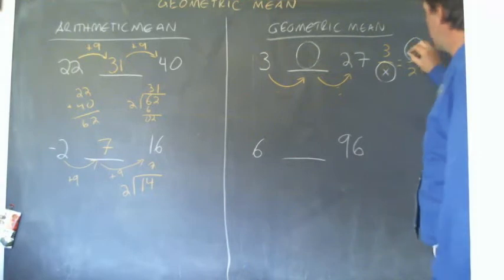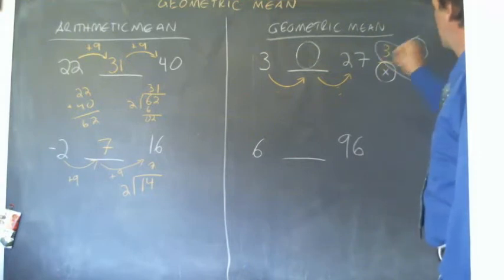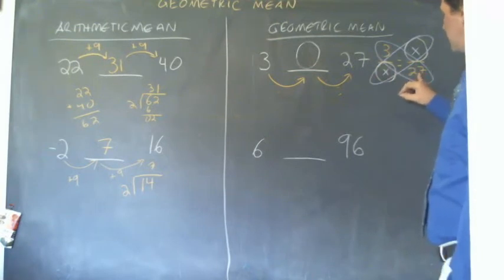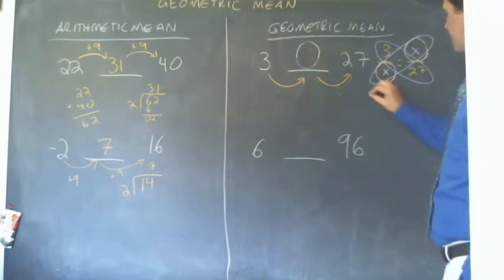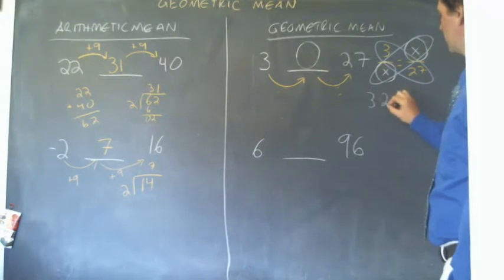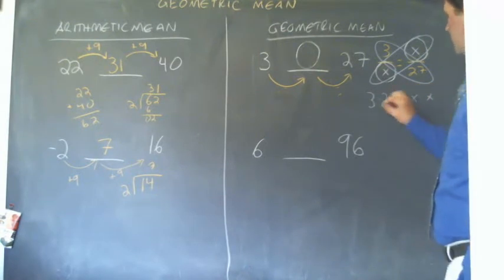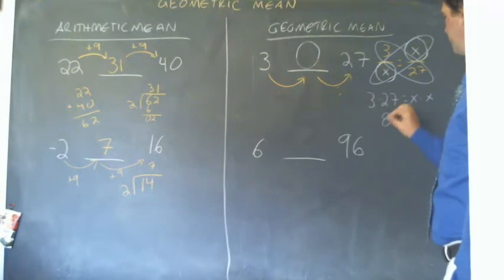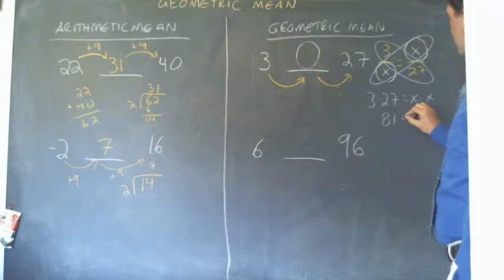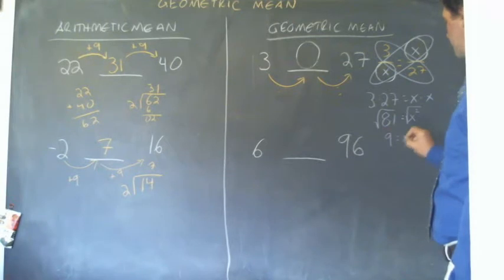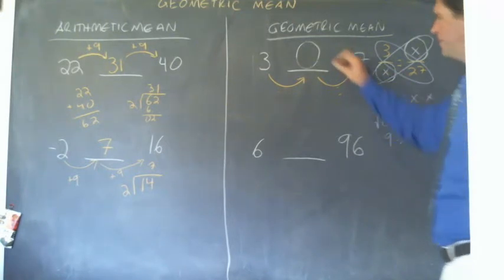And we cross multiply. 3 times 27 has to be the same as x times x. Three times 27 is 81. And x times x is x squared. We're going to take the square root of both sides. Square root of 81 is 9. Square root of x squared is x. And we found our 9.